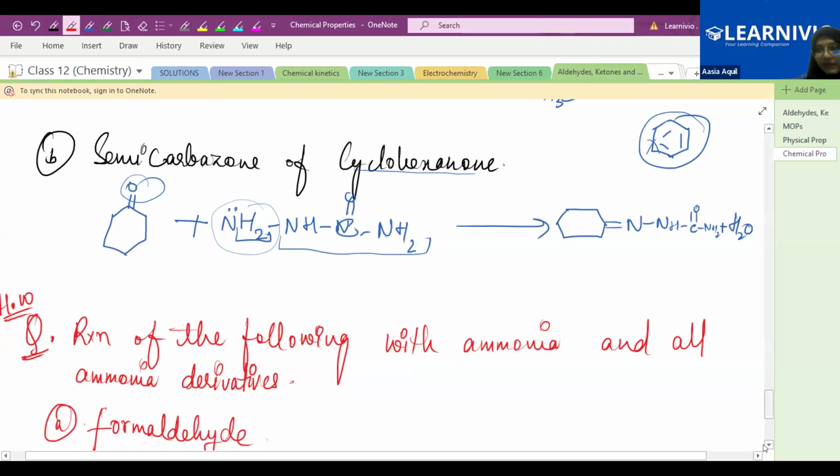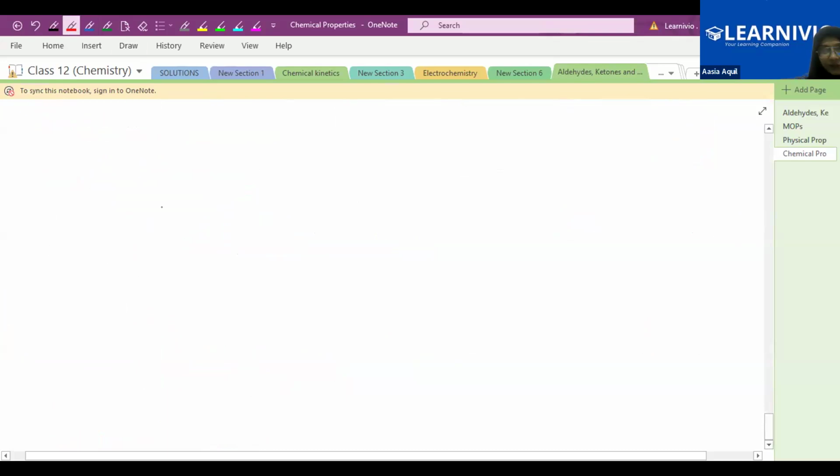So the first nucleophilic addition reaction was with ammonia and ammonia derivatives, the reaction of carbonyl compounds with them. The second reaction is the addition of hydrogen cyanide, HCN.